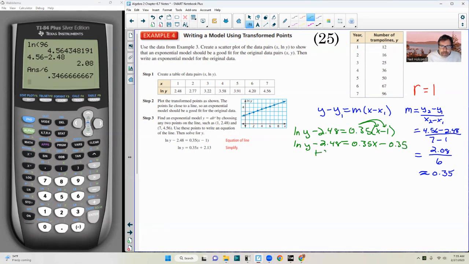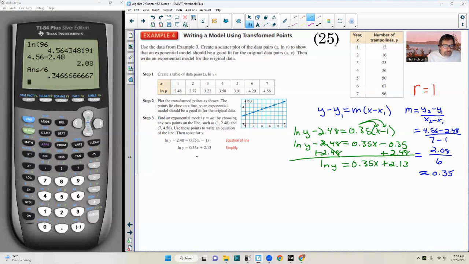And then they add 2.48 to get the natural log by itself. So add 2.48 to this. And when I do that, these cancel and I get the natural log of y, which is right here, equals 0.35x, which is right here, plus 2.48 minus 0.35, which is 2.13, and that's where this all came from. Okay, so they just skipped some work and just cut to the chase. They simplified, and that's that.